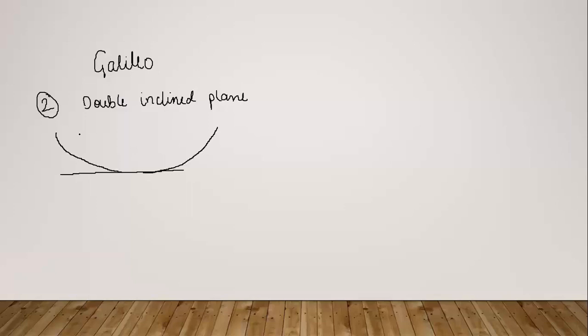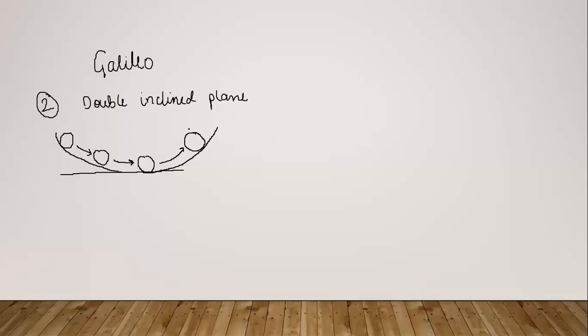So he did an experiment in which a ball is released from rest, suppose from this point. When it is released, it rolls down like this, and it climbs up the other inclined plane. If these planes are considered to be smooth, I mean they do not have a lot of friction, the person can try to reduce the friction.